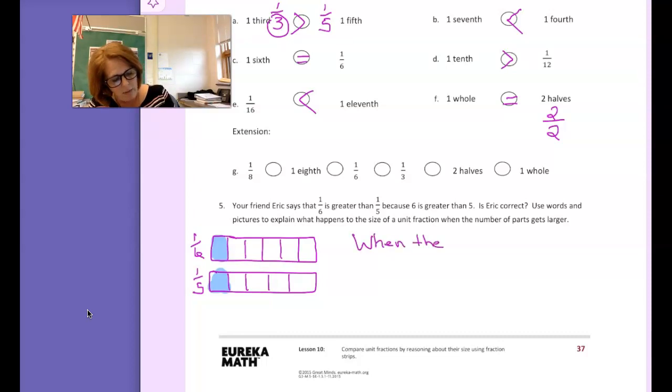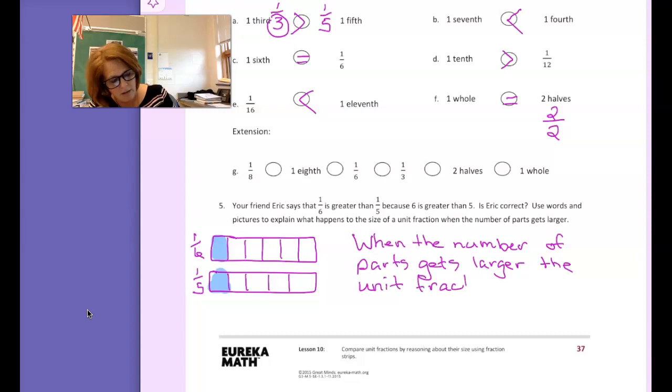When the number of parts gets larger, the unit fraction gets smaller.